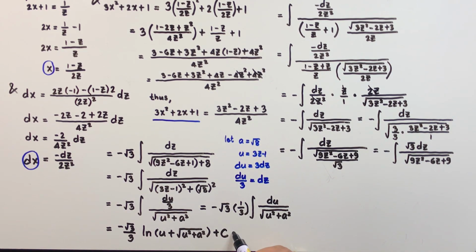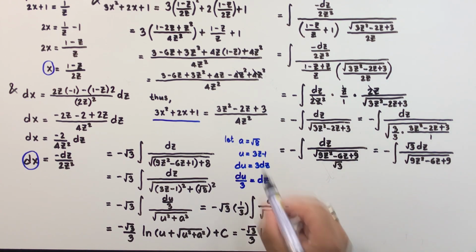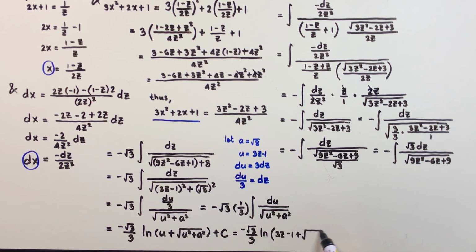So substituting back our original representations, we have negative square root of 3 over 3 times the natural log of our u, which is 3z minus 1, plus the square root of our u squared, and our u is 3z minus 1, and this is added to the square of our a, which is 8.